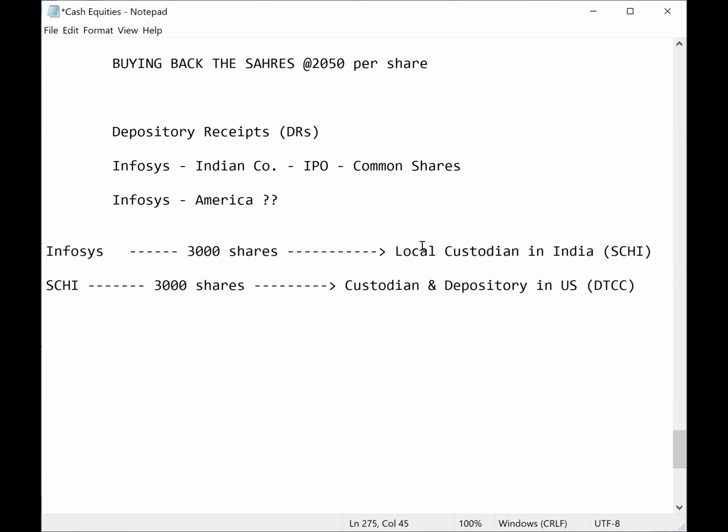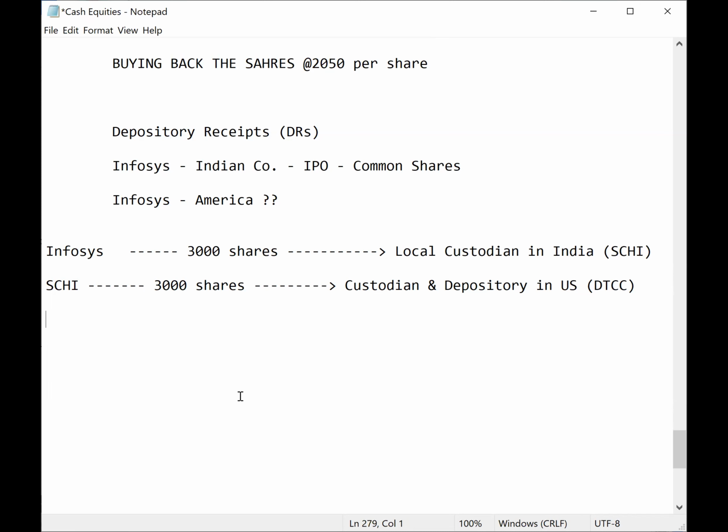We don't have bigger institutes which act as custodian and depository also. But in the US, we have institutes which are acting as custodian and depository. DTCC is one of them. So the shares would be transferred to the DTCC in the US.